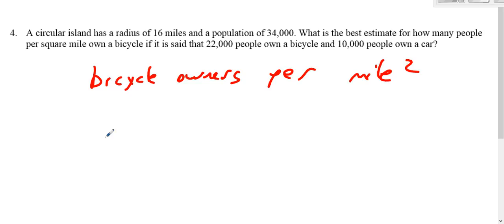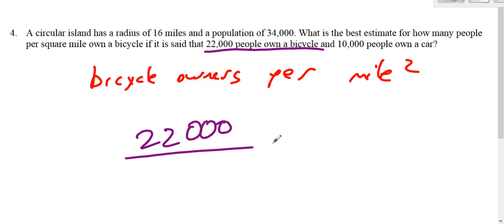So that means we're going to take the 22,000 bicycle owners divided by however many square miles this island is, which is the area of the island, and it says that the radius of the island is 16 miles. Area is pi r squared, because it's a circle.